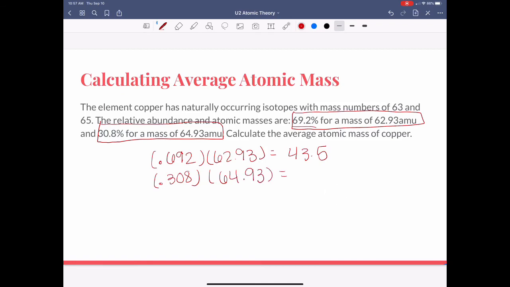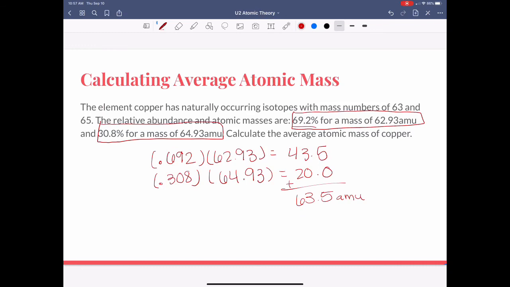And that one would give us 20.0. Once you round it, you get like 19.998, which would round to 20.0 as 3 sig figs. So add together those products, and you get 63.5 AMUs is your average atomic mass for copper.